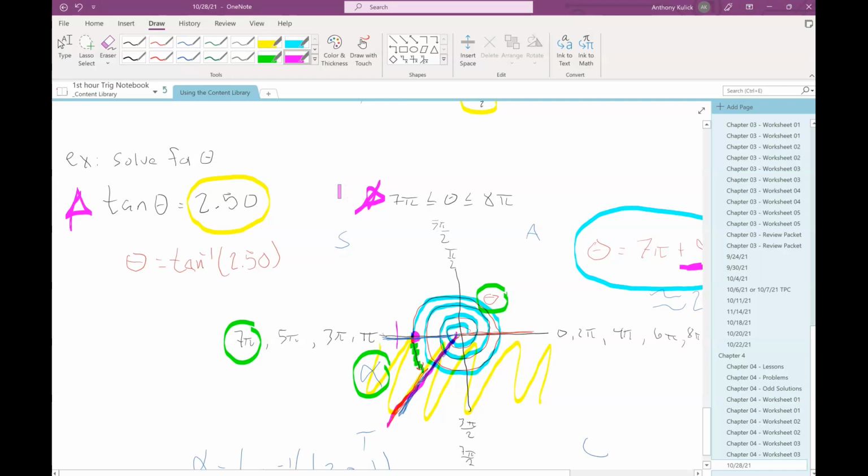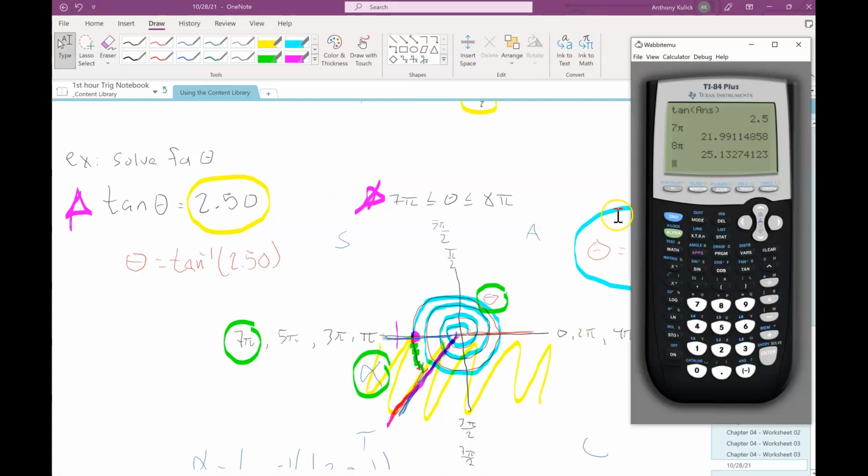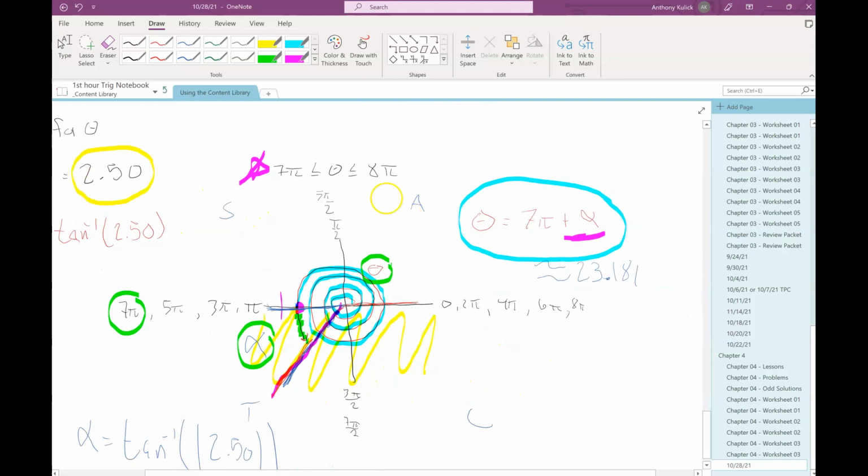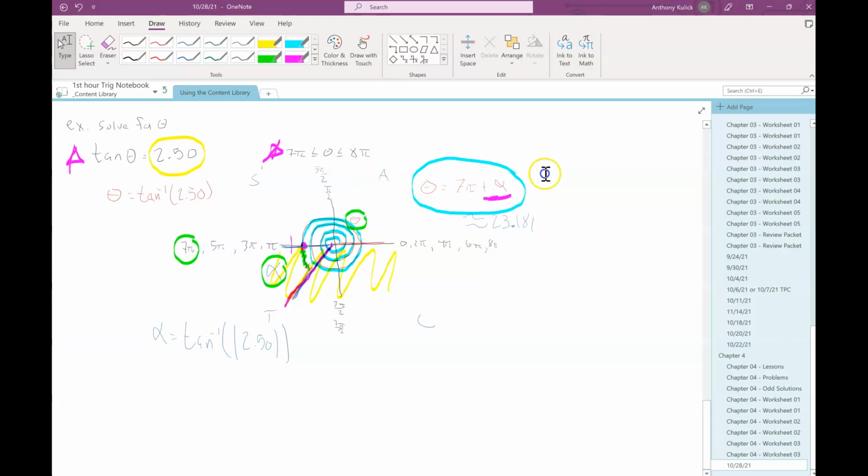So that equation ensures that your value is in the correct range, and that the tangent of that value gives you 2.5. But we don't need it in the last equation. For alpha, you could have inverse tan. Why do we even know alpha is negative?